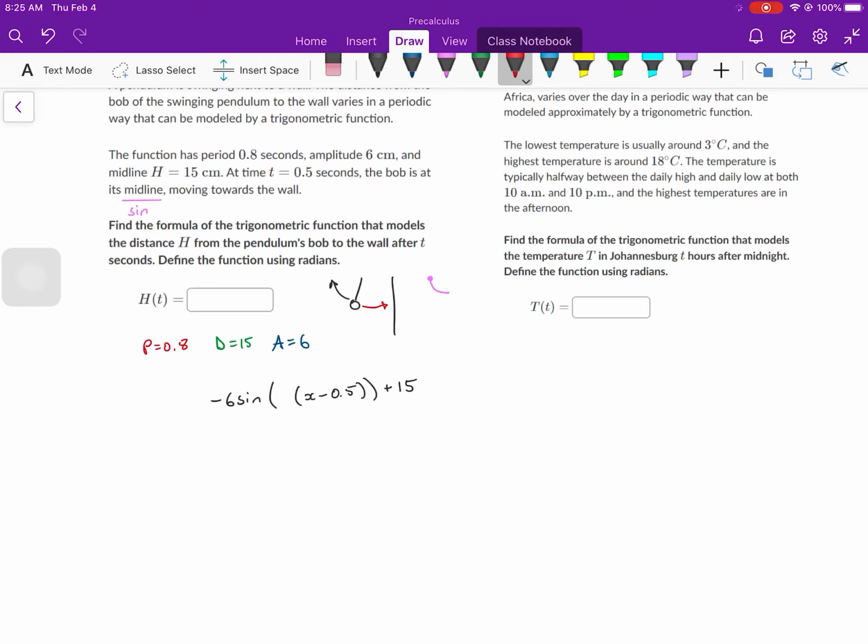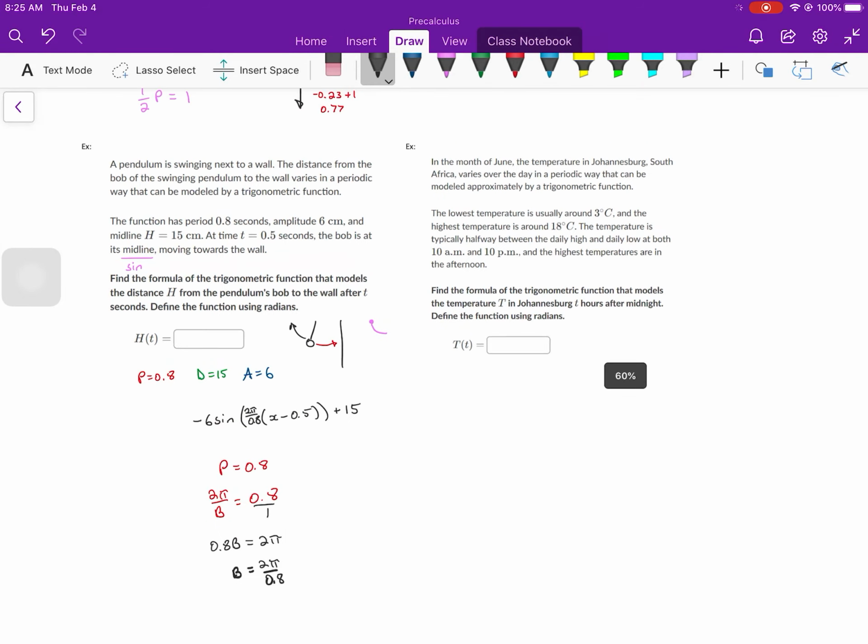So if period is 0.8, then that means 2 pi over b equals 0.8. 0.8 over 1. Cross multiply, so 0.8b equals 2 pi. So b will equal 2 pi over 0.8. And that's what we're going to put right here. And that's it.